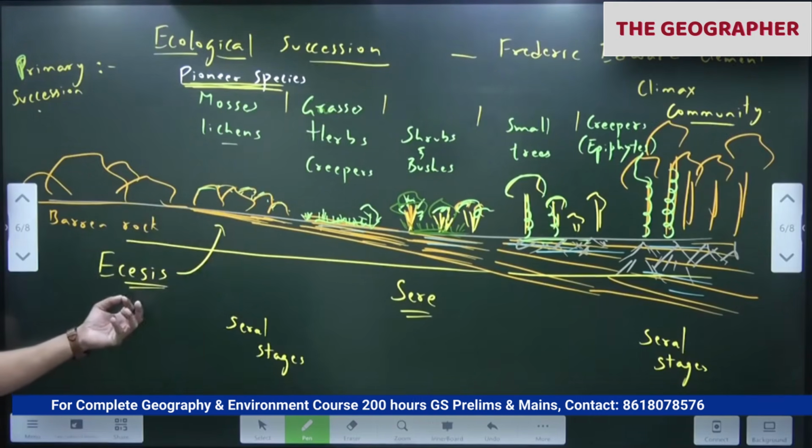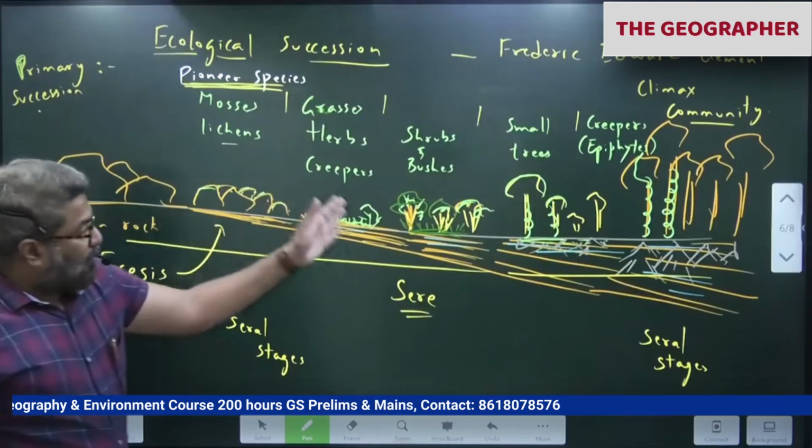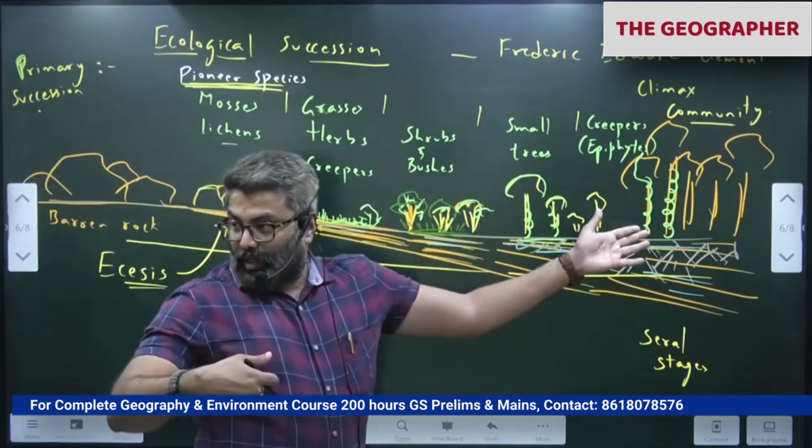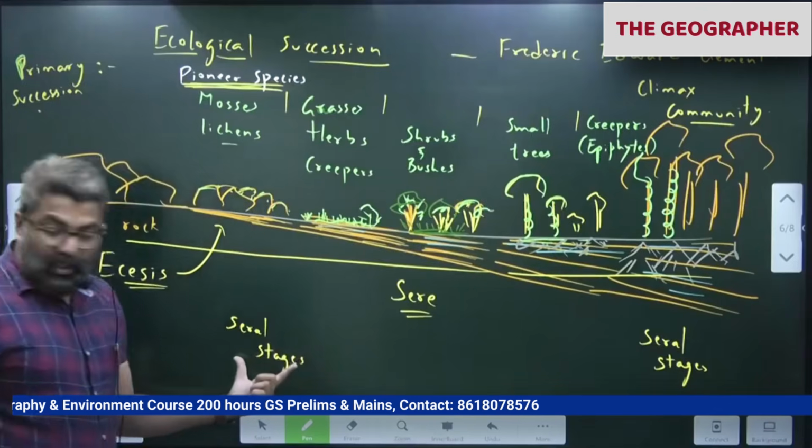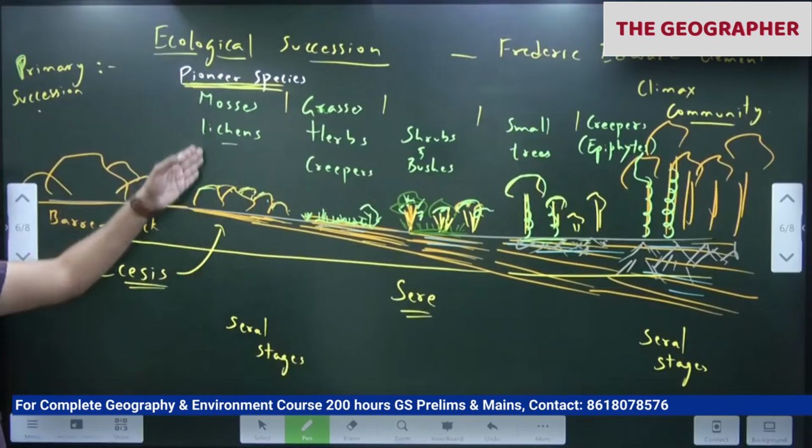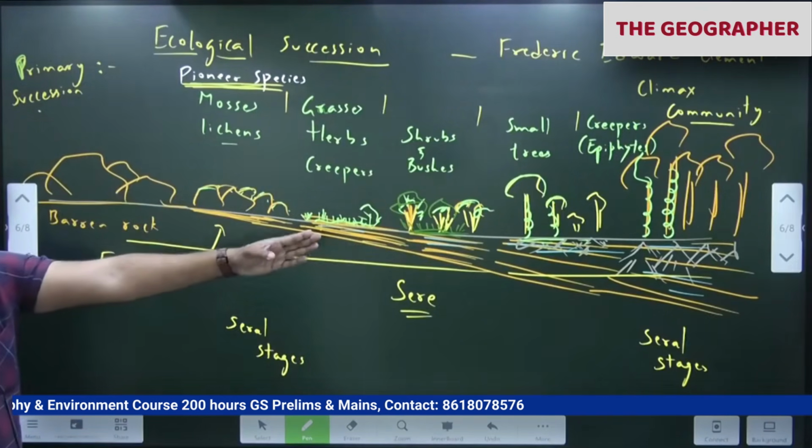Primary succession: primary means first stage, where there is rock. Then slowly, various plant communities replaced the older ones. Each of them is called a seral stage, starting from pioneer species to climax.